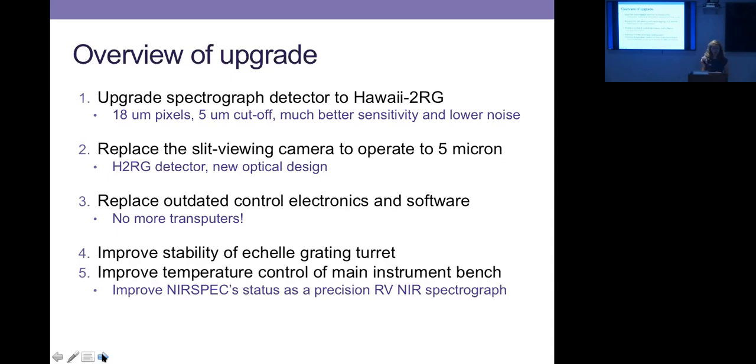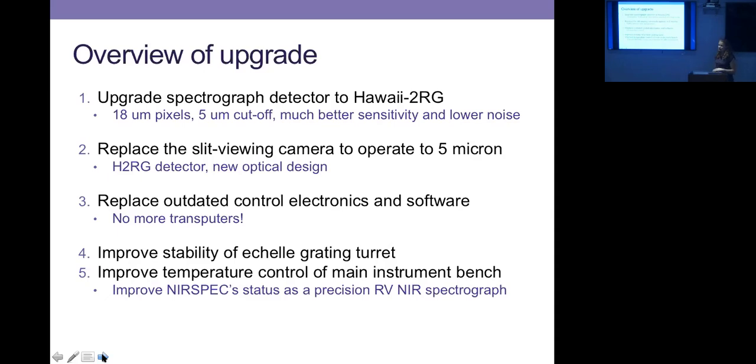The second thing we want to do is replace the slit viewing camera so that it can operate all the way out to 5 microns. The current slit viewing camera only works out through K-band. So if you have a very embedded object that you want to observe and get L and M band spectra with, you actually have to put the target on the slit in K-band and then hope that the differential atmospheric refraction is not going to mess you up too much, and hope that the object will still be there when you change your filters into the L-band to take your observations.